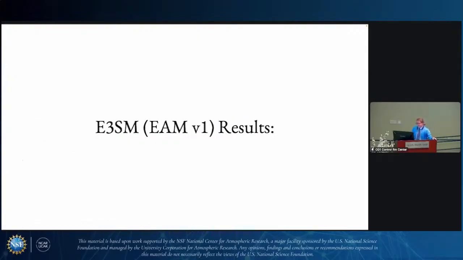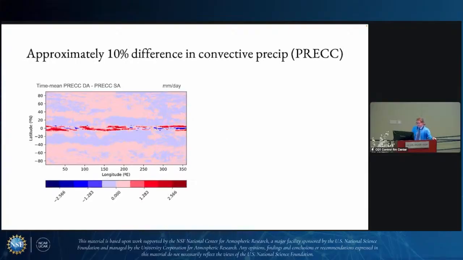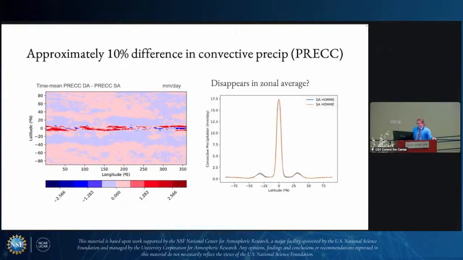So to compare this to E3SM, we return to the aquaplanet. We've still got a difference in precipitation. This is time mean precipitation on the left here, deep atmosphere minus shallow atmosphere. You find a little bit more precipitation around the equator, but it essentially disappears in a zonal average.